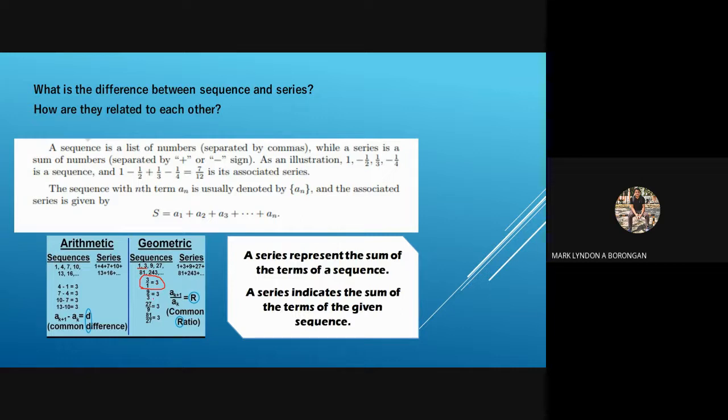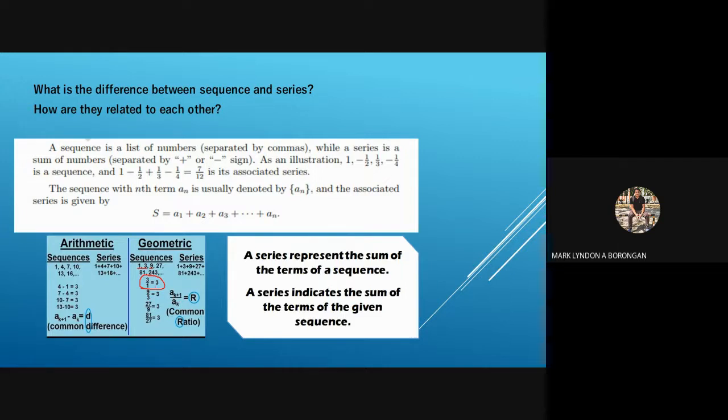Next, let's test if it checks out on the other terms. a sub k plus 1 is 9, and the preceding number, or the number before 9, is 3, which is a sub k.